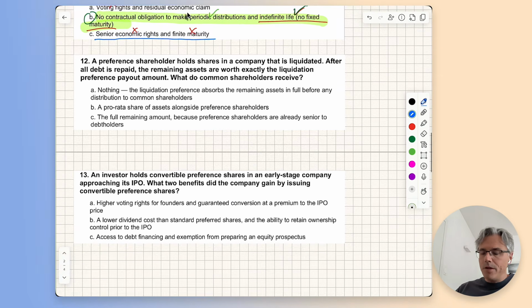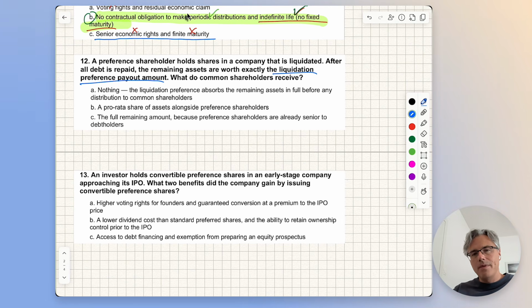Okay, number 12. A preference shareholder holds shares in a company that is liquidated. After all debt is repaid, the remaining assets are worth exactly the liquidation preference payout amount. What do common shareholders receive? So, the liquidation preference payout amount is the amount that the preferred shareholders should be receiving.